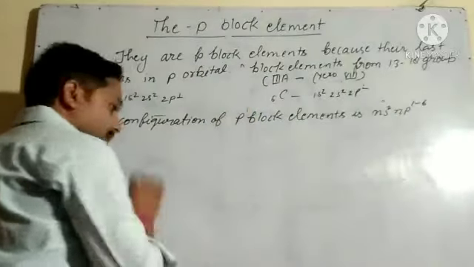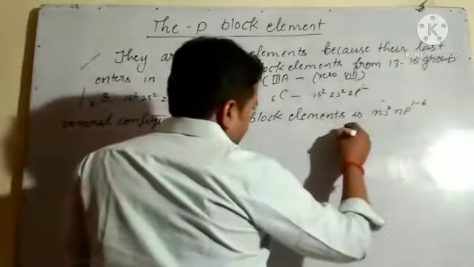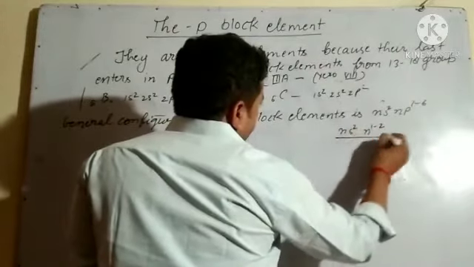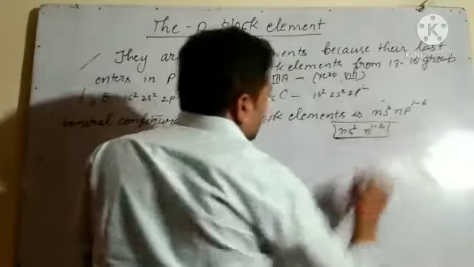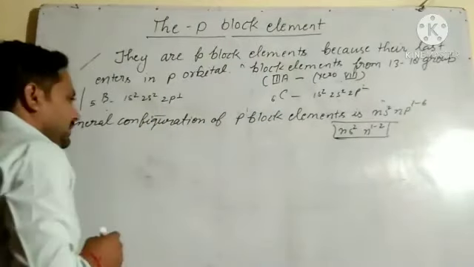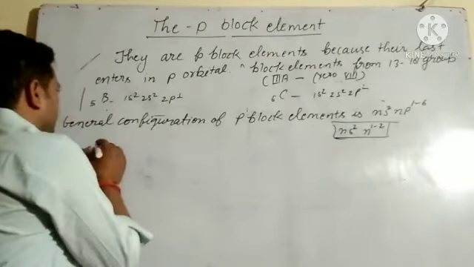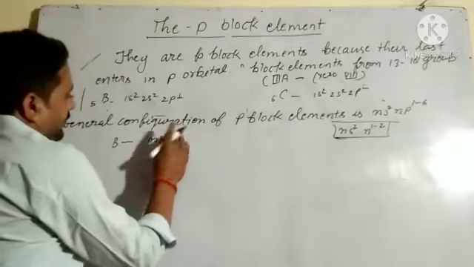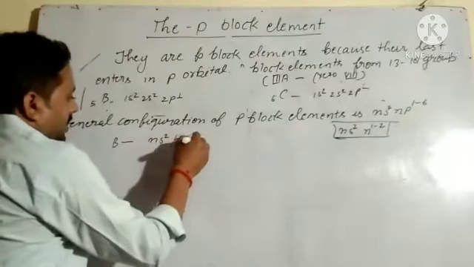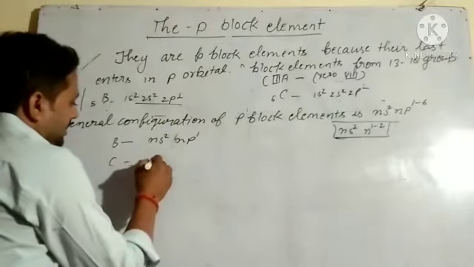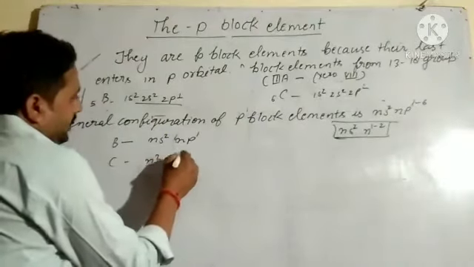But for carbon family and boron family, what we will discuss: for boron family the general configuration is ns2 np1, and for carbon family it is ns2 np2.